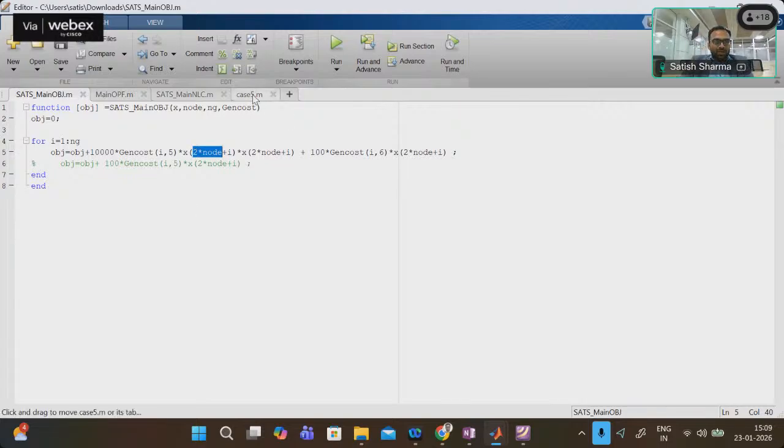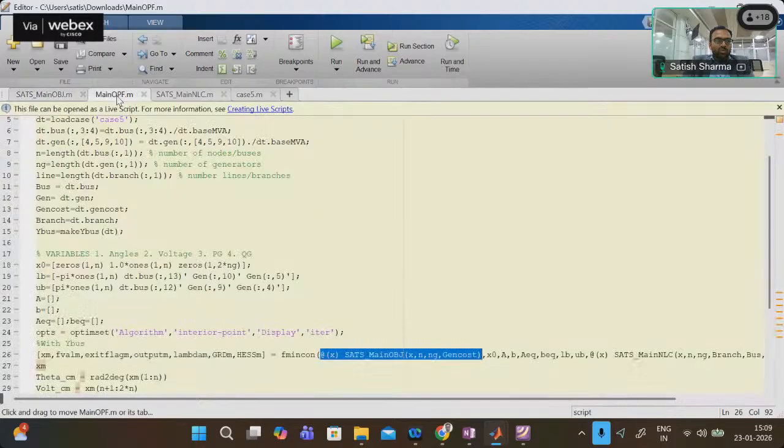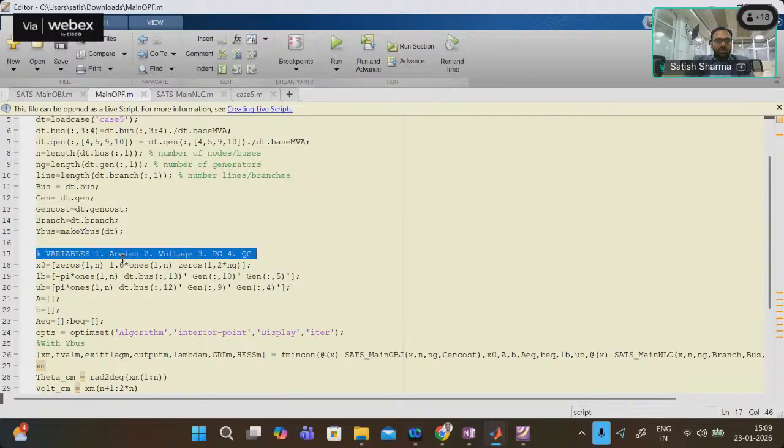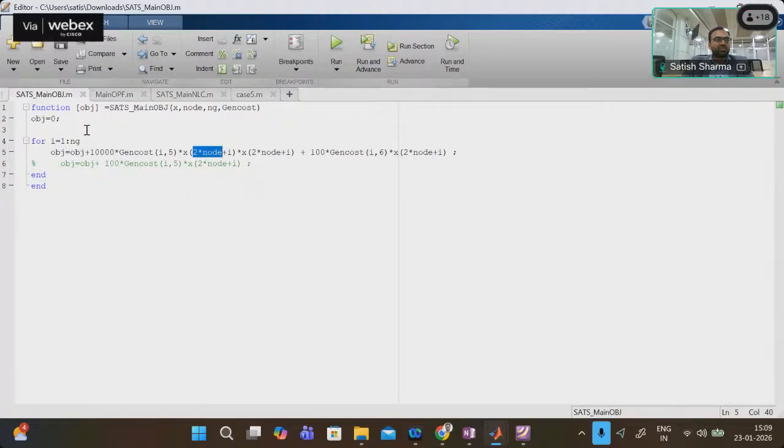That part is basically, if you check what we did earlier, we defined a set of variables. So let's keep it here as well. Variables are defined in x, and first of all the angles will come in x. So if there are n buses, say for a 5 bus system, there will be 5 angles and 5 voltages.